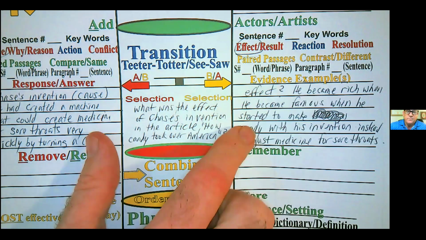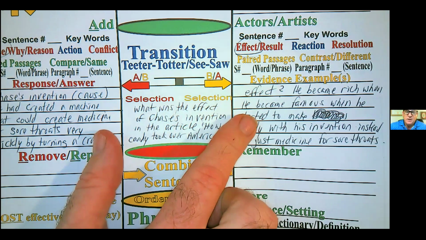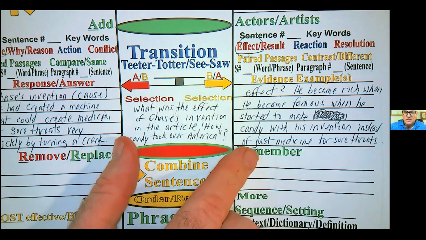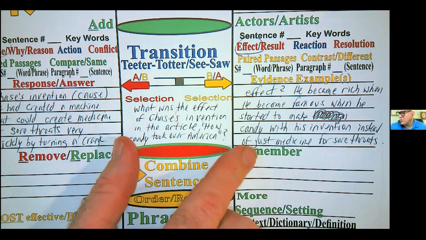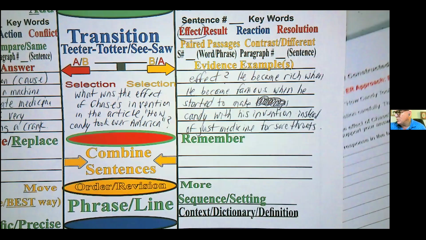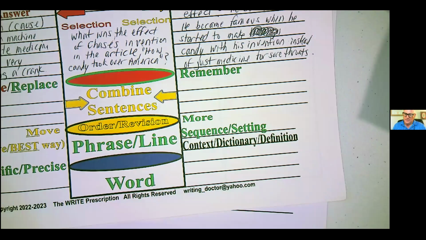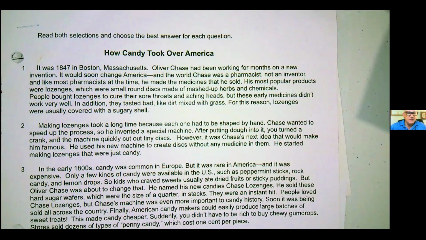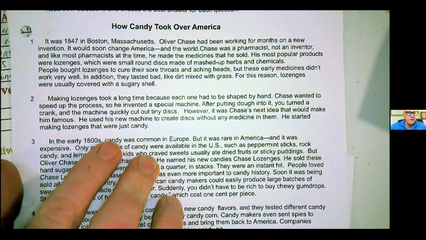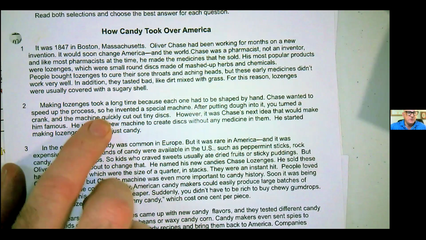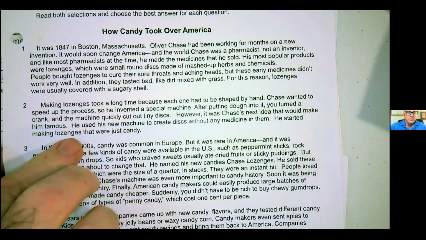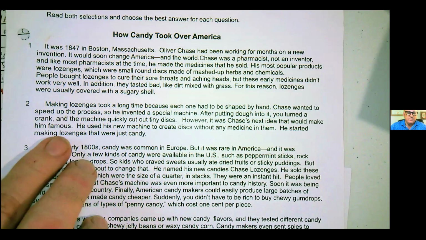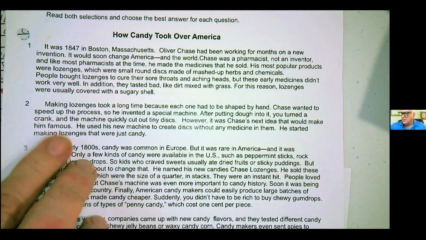It says he became famous when he started to make candy with his invention instead of just medicine for sore throats. You can see it right there in paragraph 2. Everything about this invention is in paragraph 1 and 2, so if you want to give the location, you can say paragraph 2.